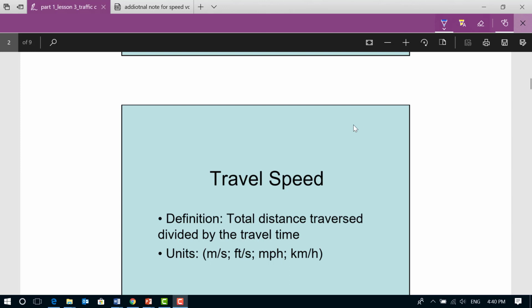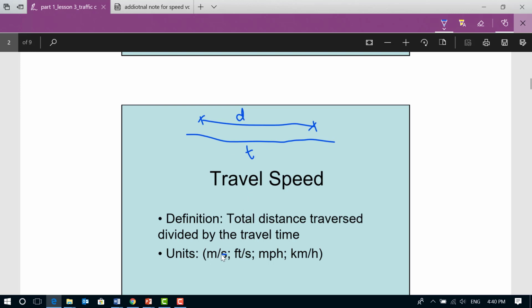For example, in this case we have a roadway, and that's the distance in between. With this distance, it takes time t for you to finish traversing this roadway section.